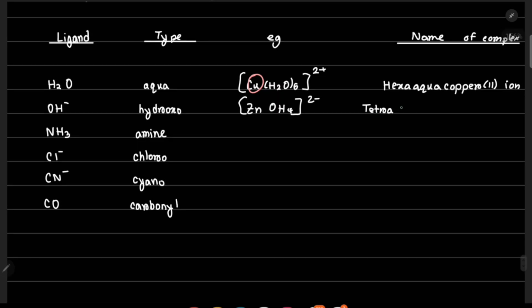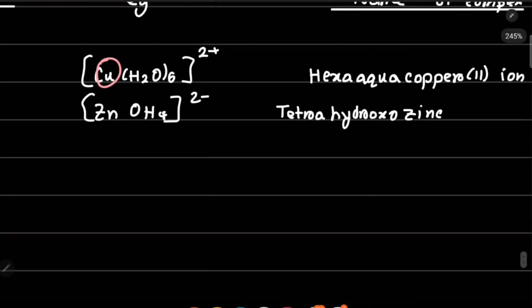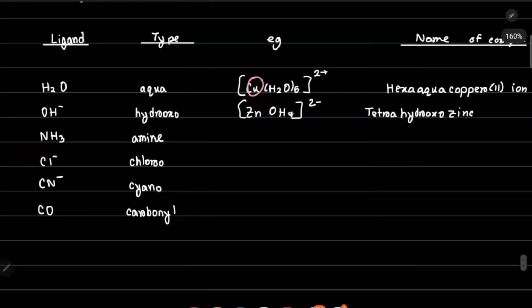So we have tetrahydroxozincate. In this case we don't write zinc ion since this has a minus charge. Since this ion is negative, we'll end it with ate.